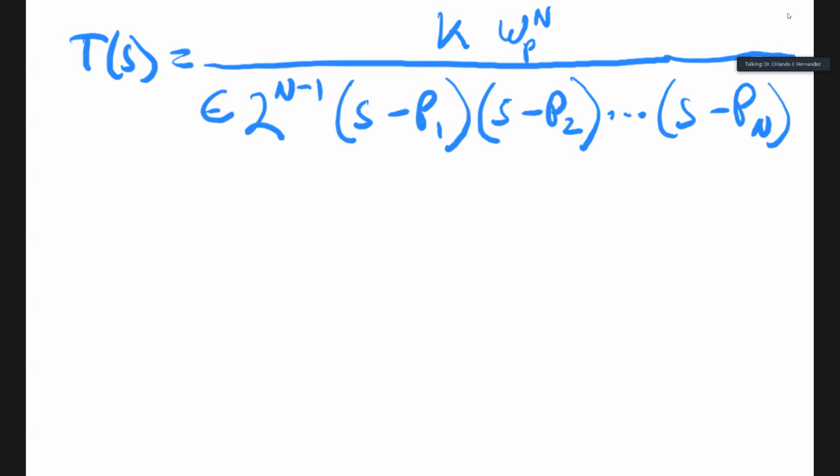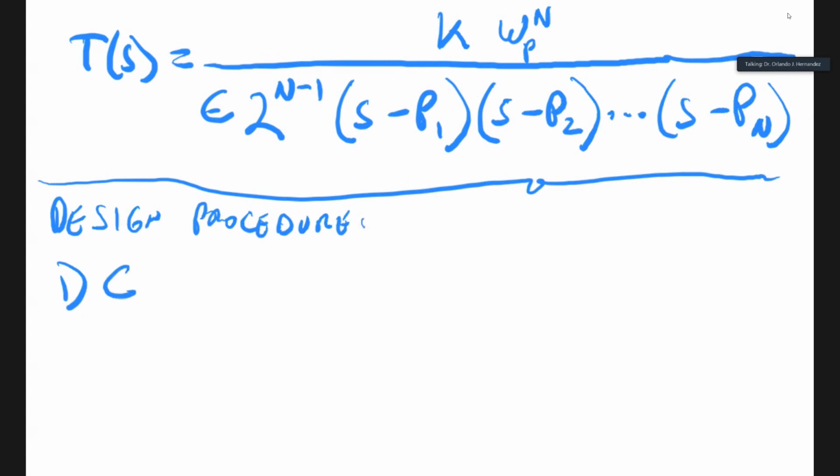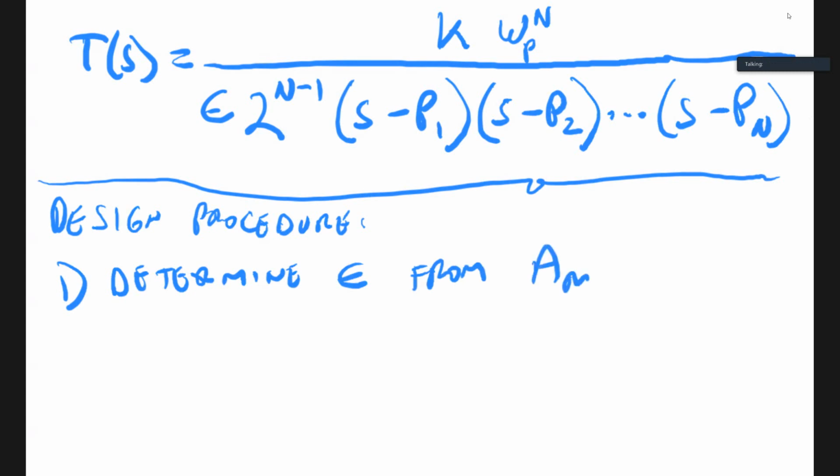So to summarize, the design procedure, which is really what we also went through: first, as we did, we determine epsilon from our specified Amax.